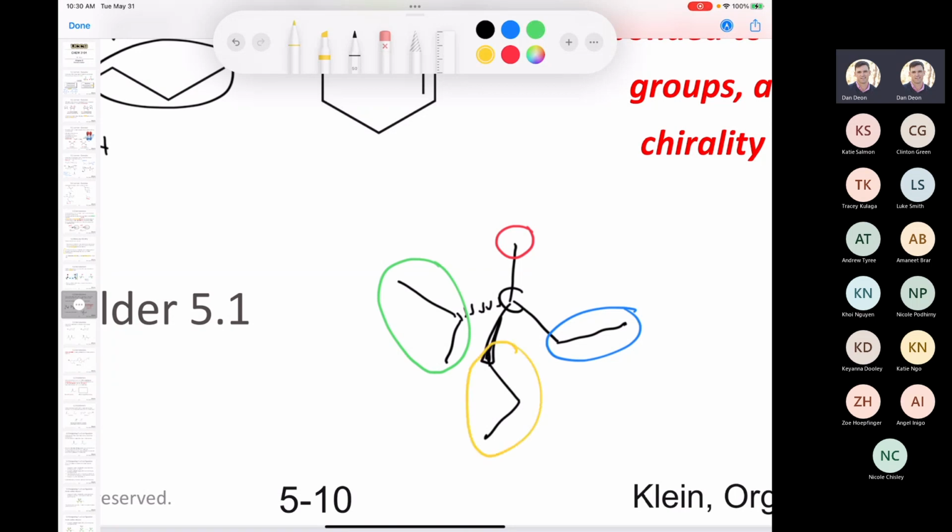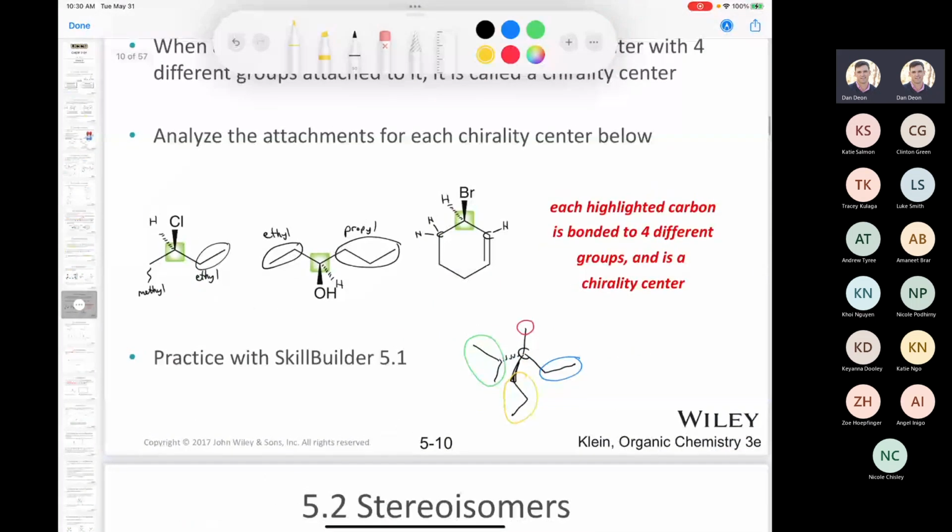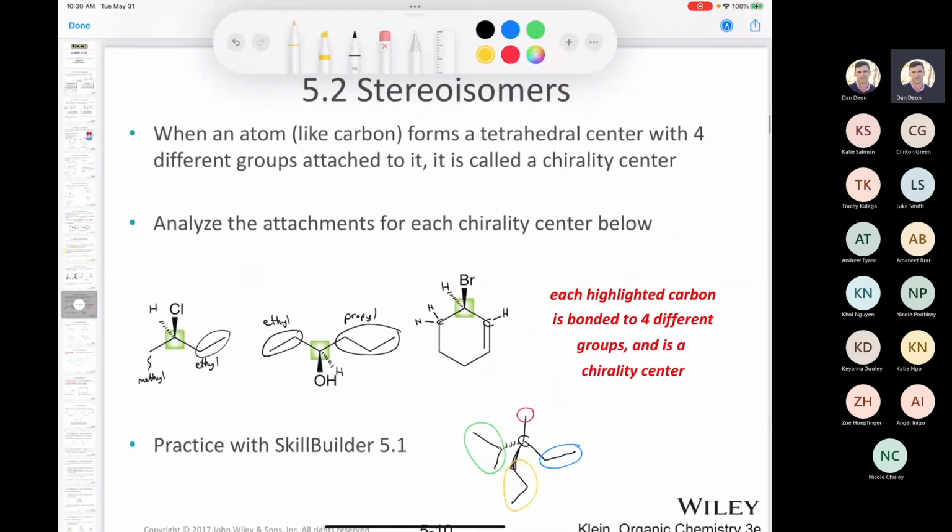This carbon is a chiral center. Those are 4 unique groups, and therefore that counts as a stereocenter, a chiral center, an asymmetric center. Give me a thumbs up if you follow me on the idea of stereocenters and identifying a stereocenter.